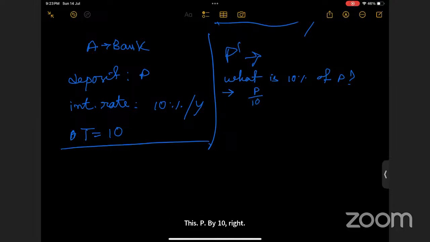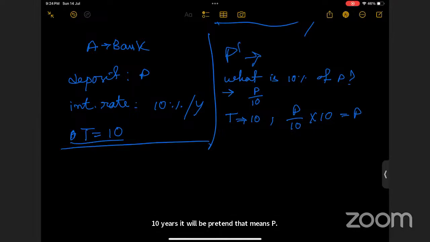After 10 years, when time equals 10, it will be P by 10 into 10. That means P, right? So our P dash will be 2P, right? Am I correct?